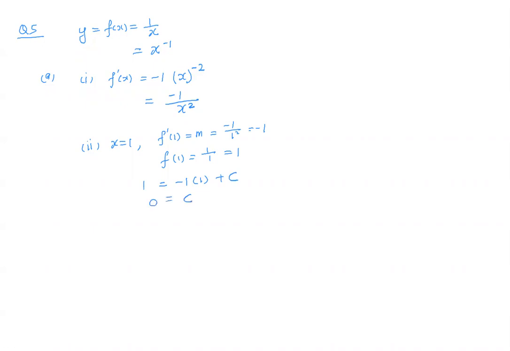No, the c in this case is 2. So your equation of tangent will be y equal to negative 1x plus 2. So you want to find x-intercept, correct? You put y equal to 0. So 0 equal to negative x plus 2. So x equal to 2.